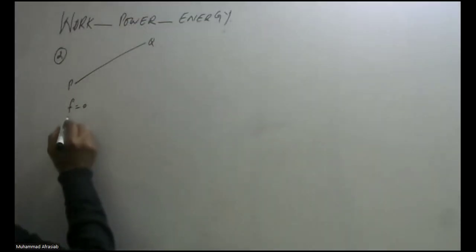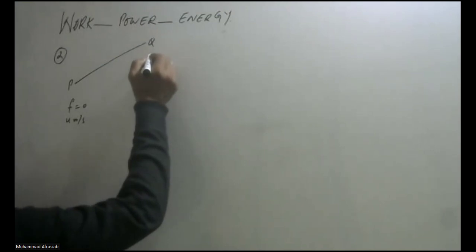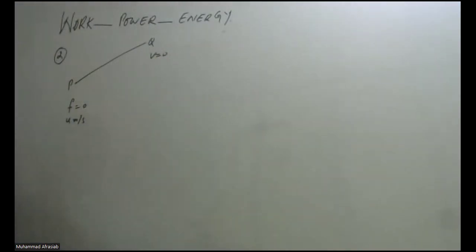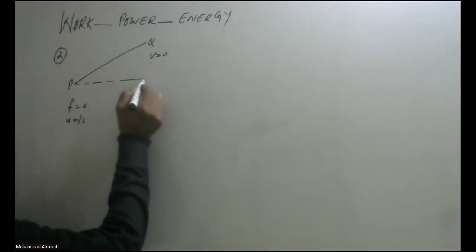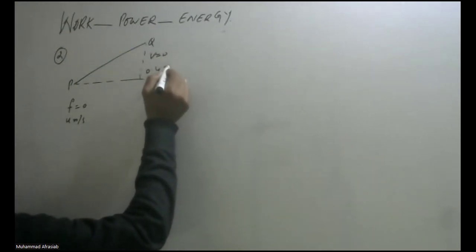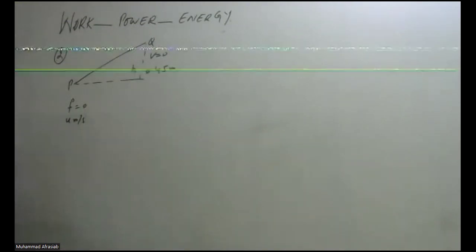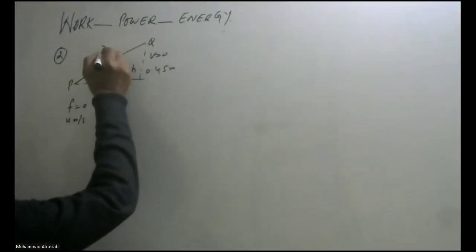The speed at P we are going to find out, let's say that is u meters per second, and at the end it is equal to 0 because it is just going to reach the point Q. This point Q is at a height of 0.45 meter above the level of P. And we are going to find the value of u when it moves upward.